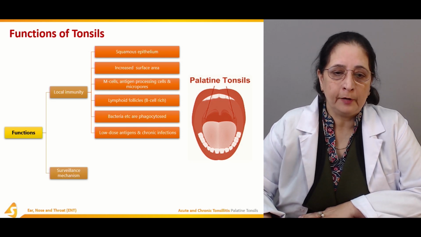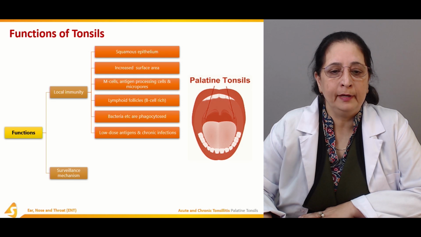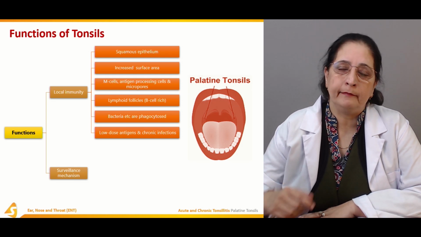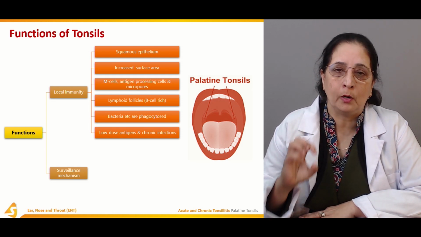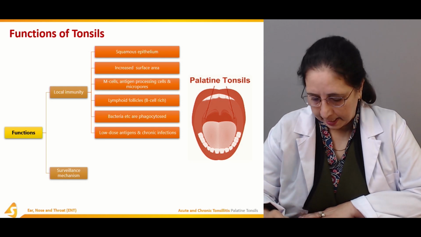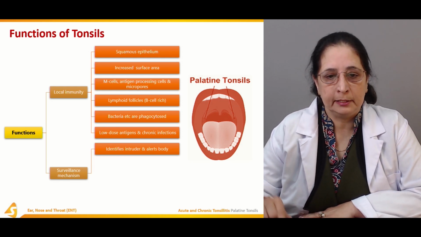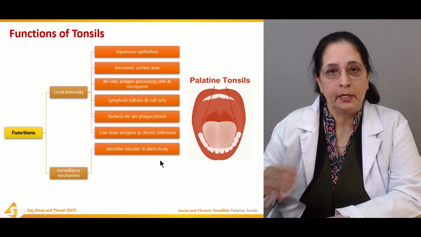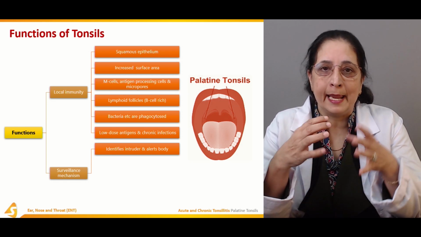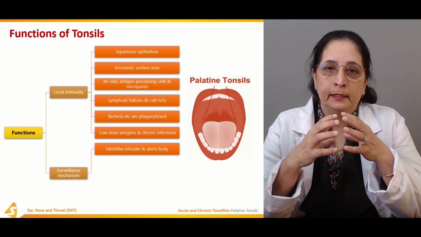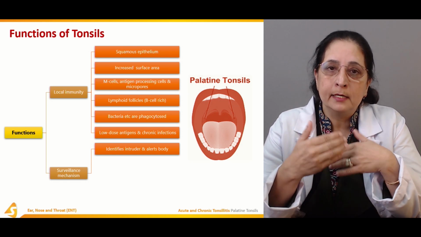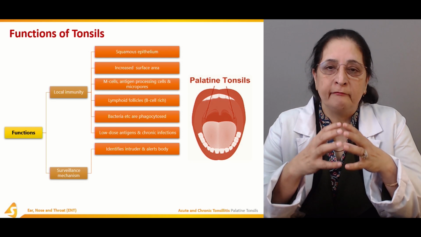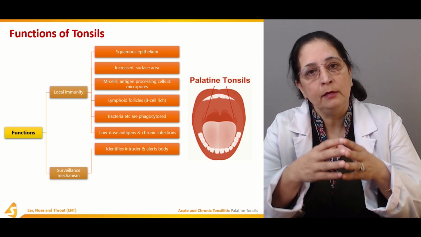Then the other function is the surveillance mechanism. Surveillance is due to close observation done by the tonsils, which identify intruders and alert the body. Whenever a foreign body enters, they become alert and alert the body that there is an invasion of the body by the foreign body.